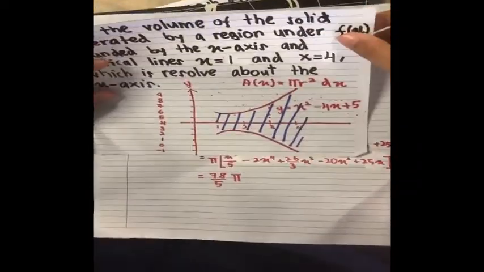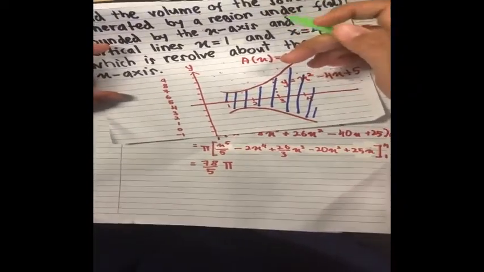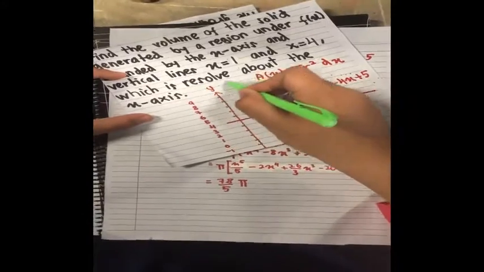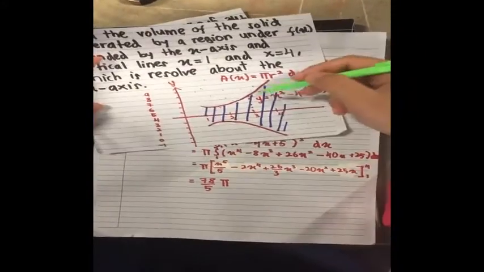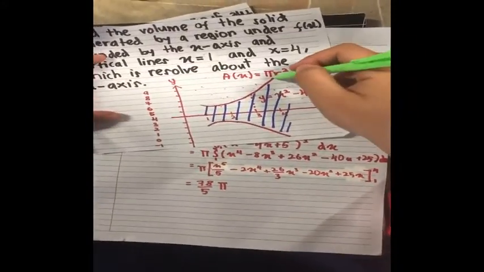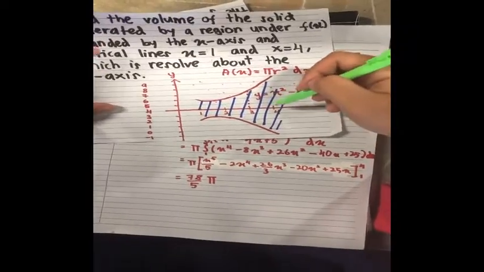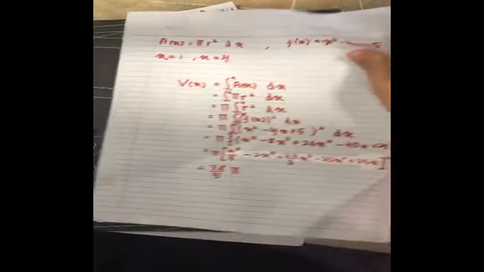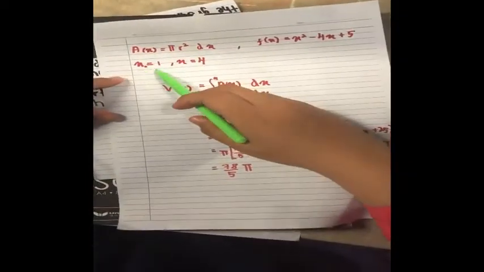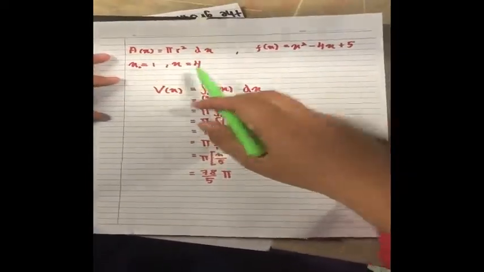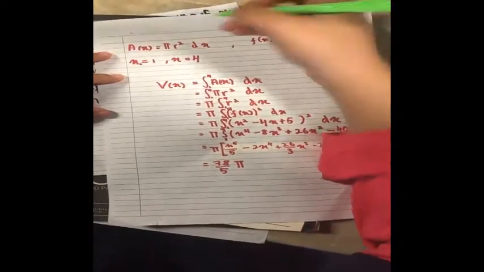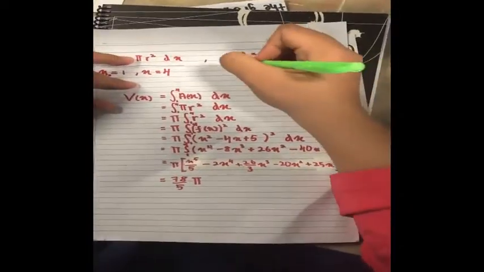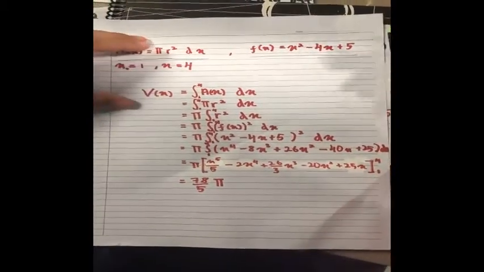Okay, from the question, we know that this curve is revolved about the x-axis, meaning the revolution occurs about the x-axis. So we know that x0 is 1 and x is 4. They already give the area under the curve and also y as a function of x.